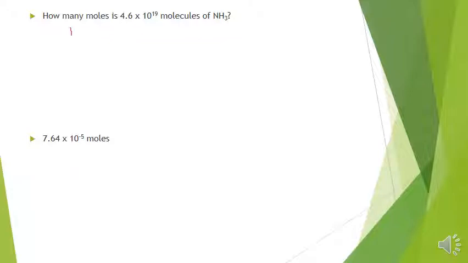So I know 1 mole of ammonia, and it can actually be anything, is 6.02 times 10 to the 23rd NH3 molecules, okay?